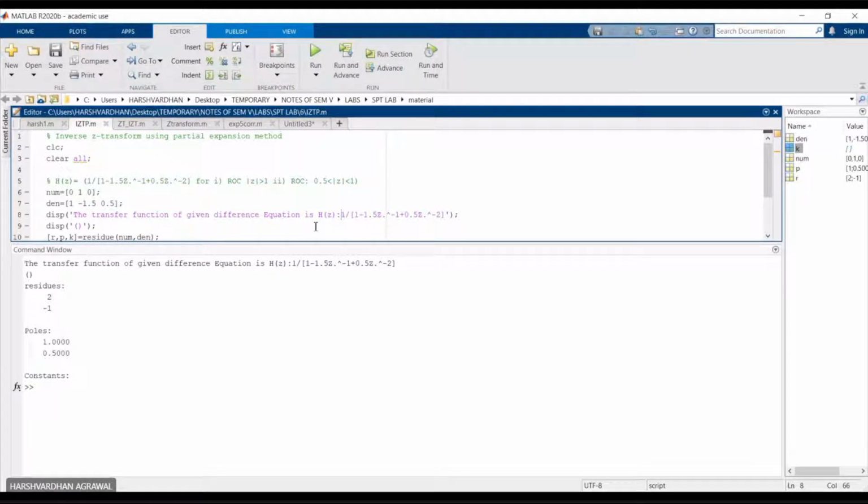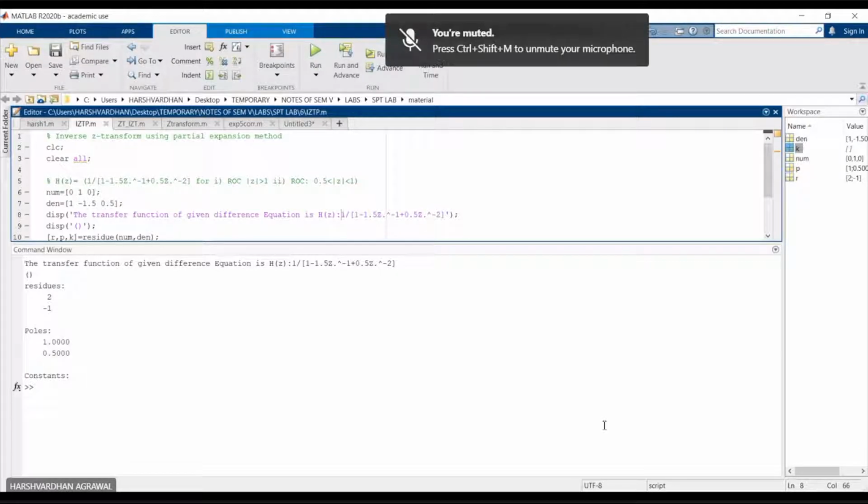You have to follow the power of z. Either you follow the sequence of z to the power 0, then z to the power minus 1, like that.